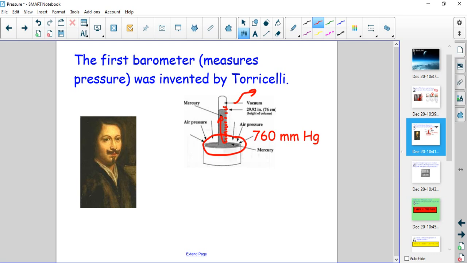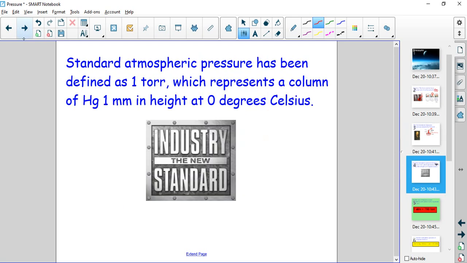He noticed that on a rainy day, there was perhaps a lower pressure, and on a day where you measure a higher pressure, it was more of a clear day. That makes sense because if you tune into the weather network or look at the apps on your phone, and pressure is lower, there's probably going to be a chance of some kind of precipitation. If it's higher, it's more likely to be a clearer day.